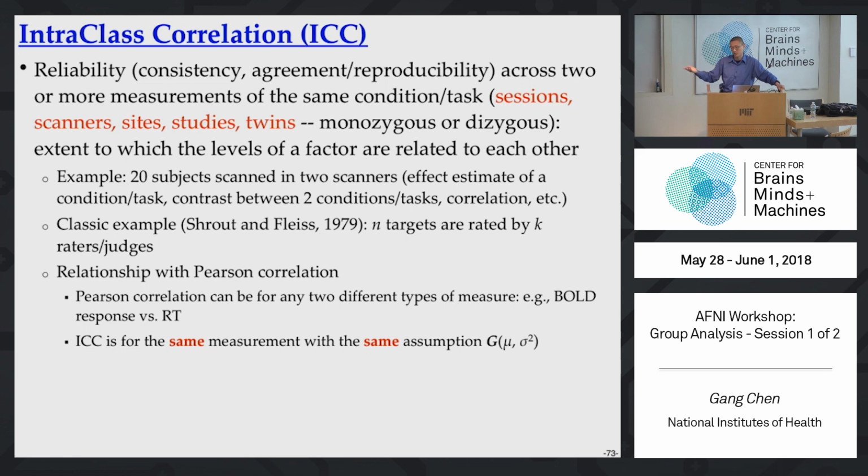Both are beta values, percent signal change. It measures exactly the same thing, but we just measure the variability. That's why it's called intra-class instead of inter-class. Inter is the example I used, like height versus weight, between two different types of variables. Intra-class means the same classification, the same thing.